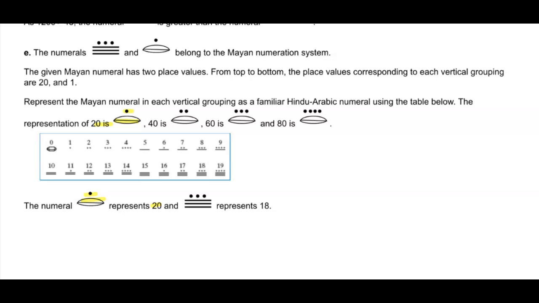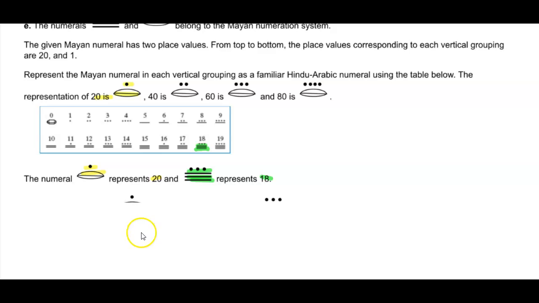And then we know that 3 lines here with those 3 dots are going to represent the number 18. So therefore, we know that 20 is greater than 18. Therefore, this numeral is greater than that numeral.